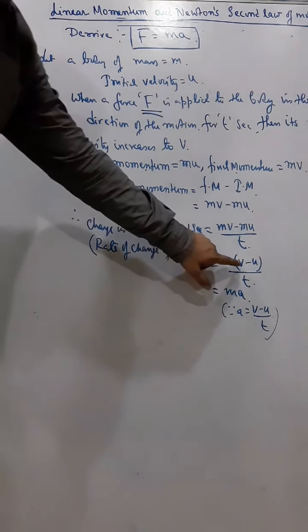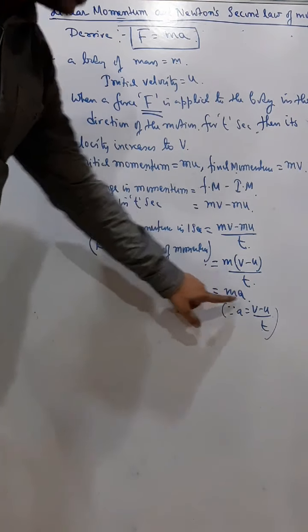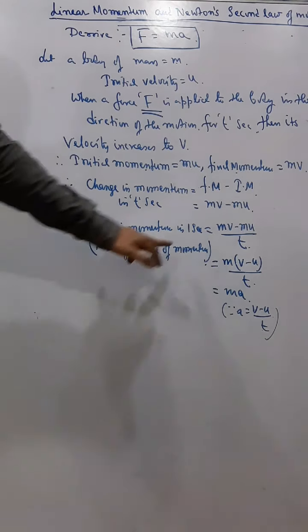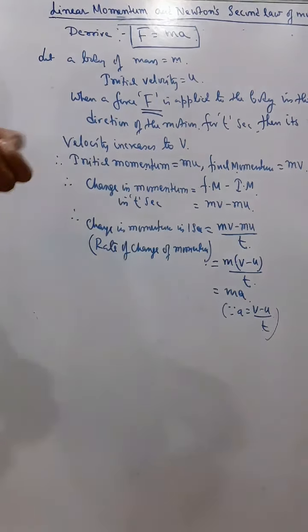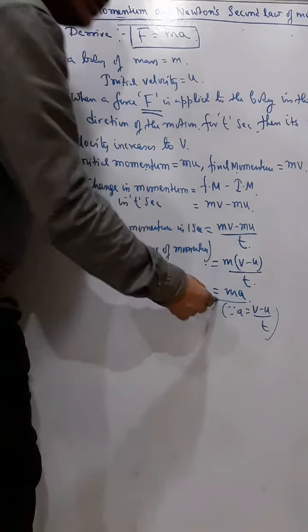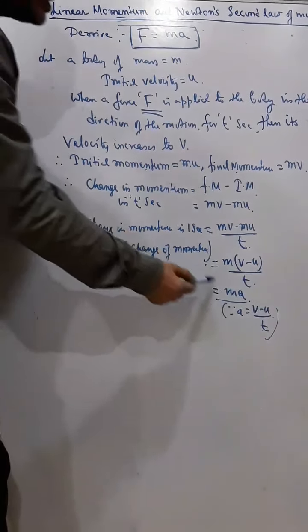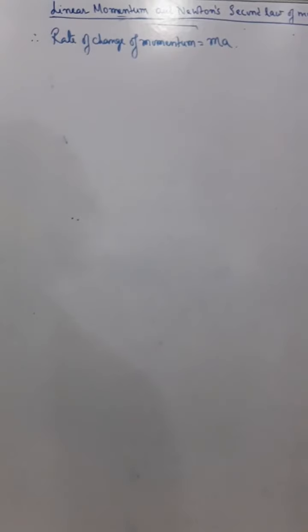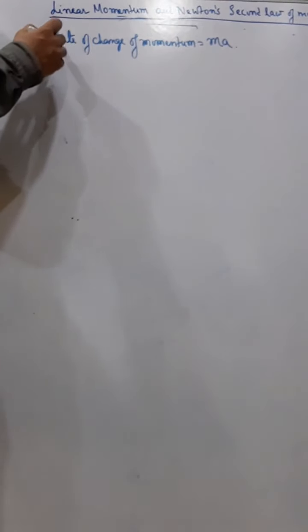So I can say that (v minus u) by t means a. So finally we got rate of change of momentum is equal to mass into acceleration. Up to this much we have derived that rate of change of momentum means mass into acceleration. Okay, so finally we got rate of change of momentum is equal to mass into acceleration.